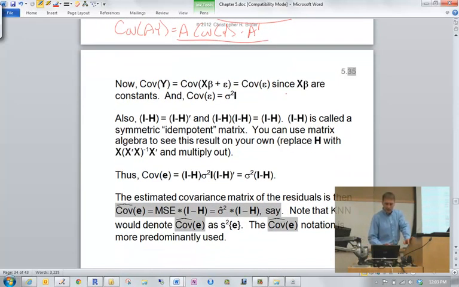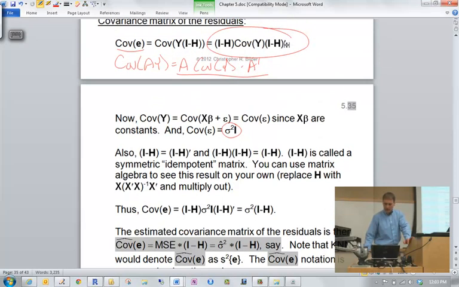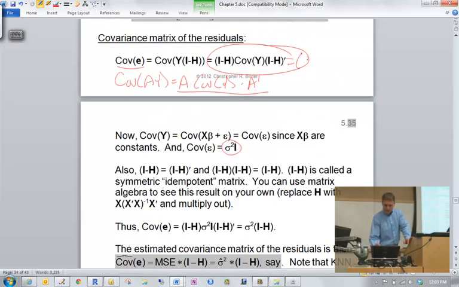And if you remember what you told me before, the covariance matrix for Y itself is sigma squared I. So let's write this as (I minus H) times sigma squared I times (I minus H) prime. Sigma squared is just a scalar value, so I can move it out in front.